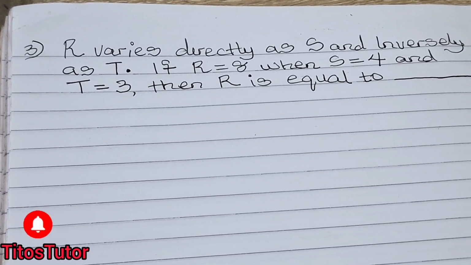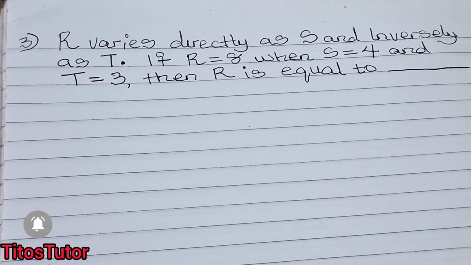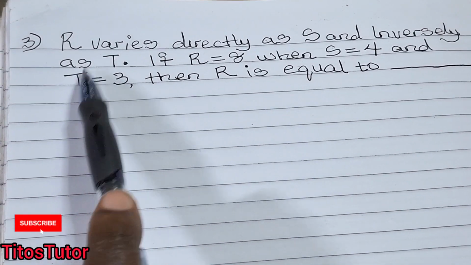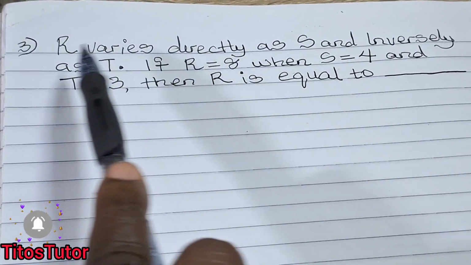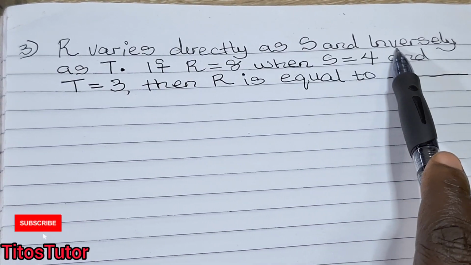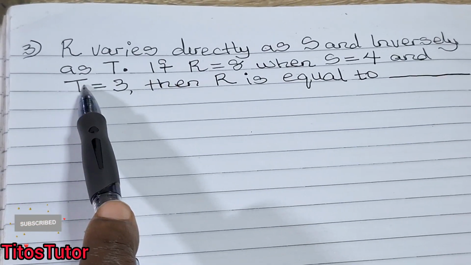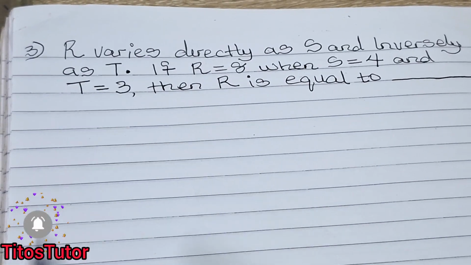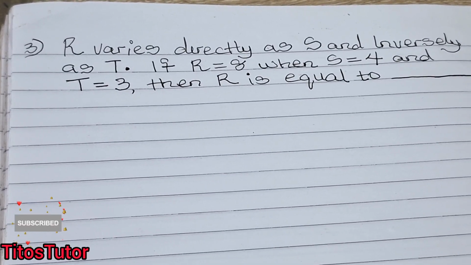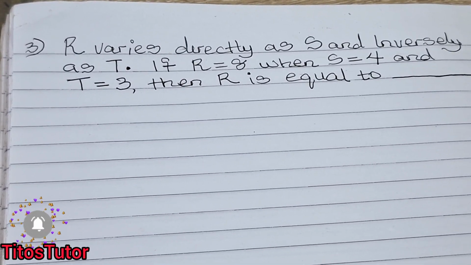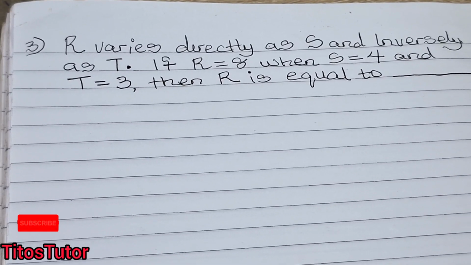This is a joint variation question. R varies directly as S and R also varies inversely as T. And you know that in variation, for you to change your variation sign into an equal sign, you must introduce a constant, which is K.